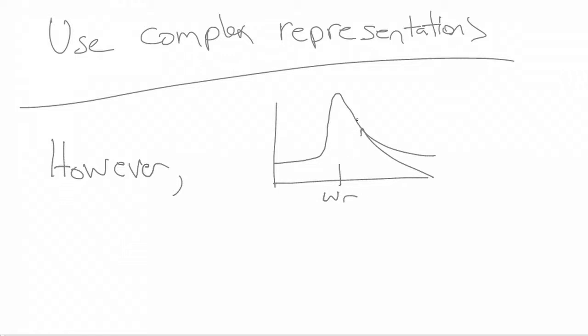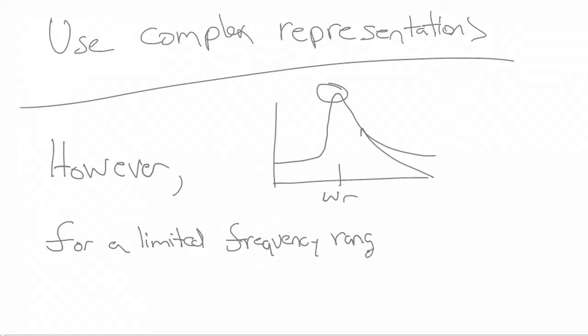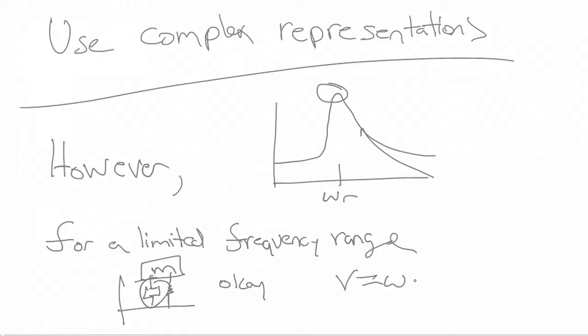If you only want to predict the losses in a certain area for a limited frequency range, using this model, this mass spring damper system, although I said it doesn't work, it's okay. And why? Because look, velocity equals omega times d, right?